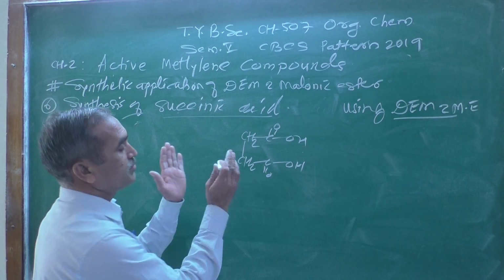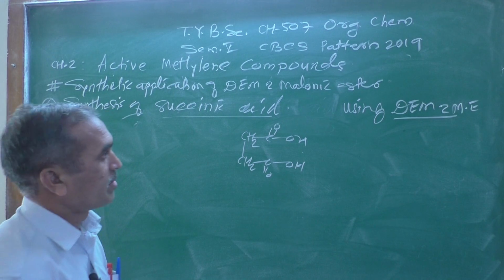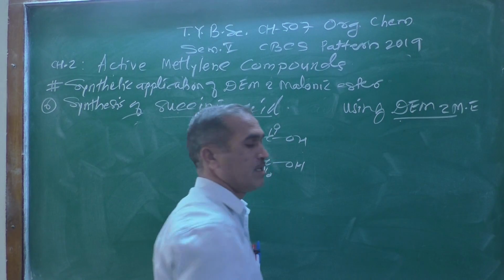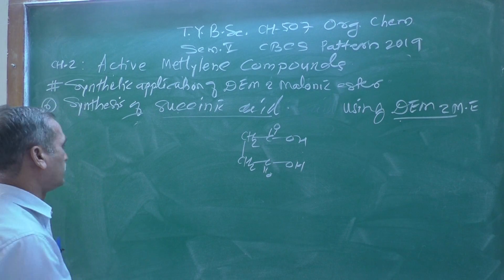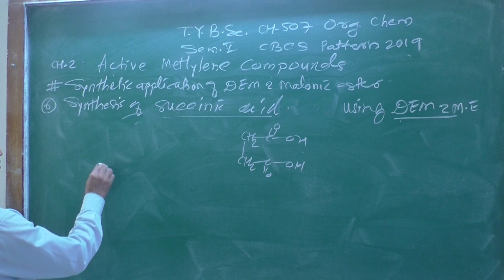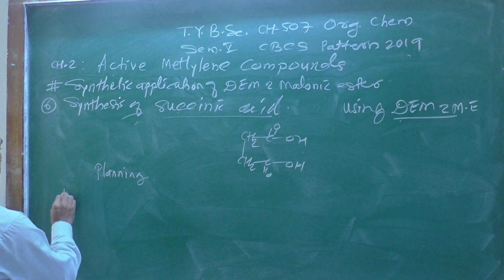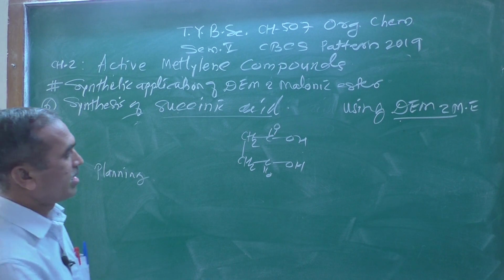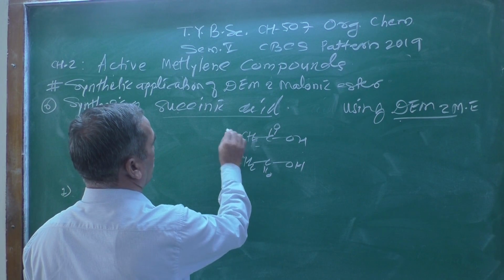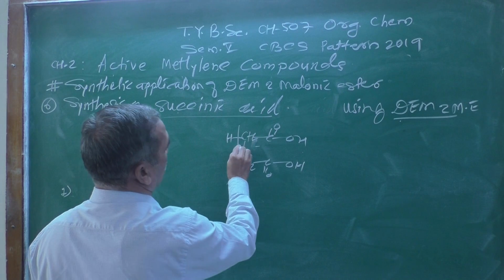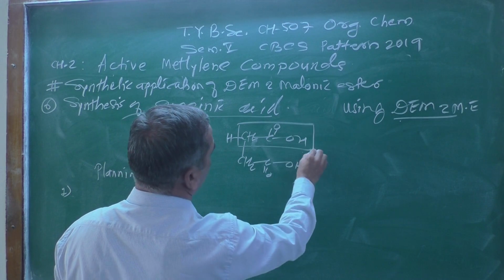So now you have to synthesize this by using diethyl malonate, and for that purpose it requires planning once again. As usual, planning, there are 2-3 points we are talking here. So here I am highlighting this structure.